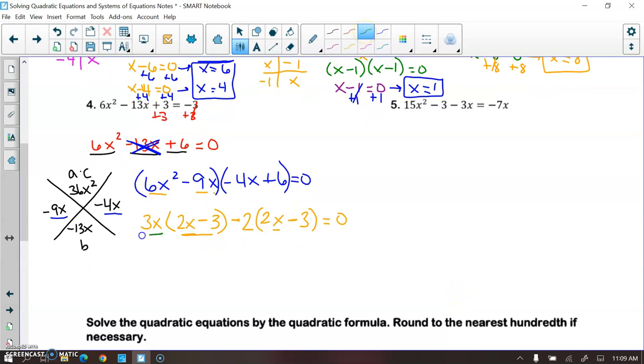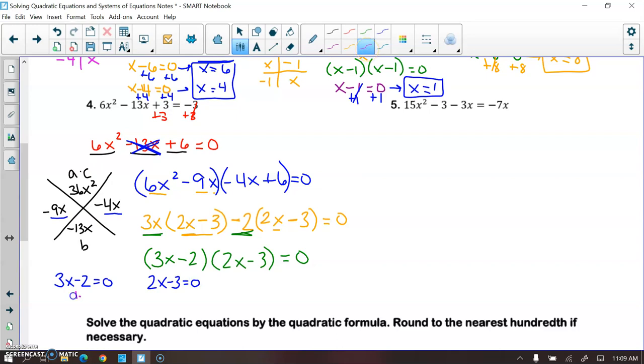So your binomials are, one of your binomials is the numbers on the outside of parentheses, so a 3x minus a 2. And your other binomial is one of the sets of parentheses. And now what we do is we take both of those and we set them equal to 0, and we solve for x.